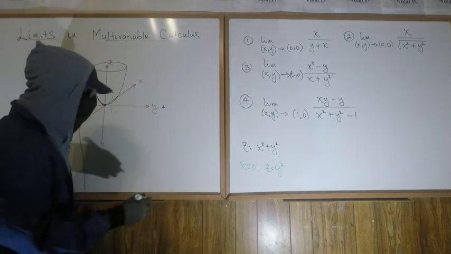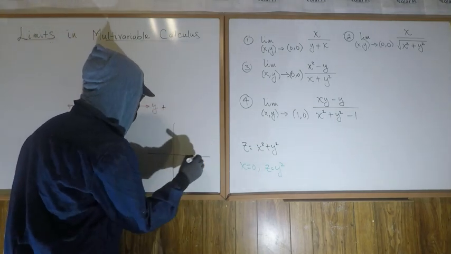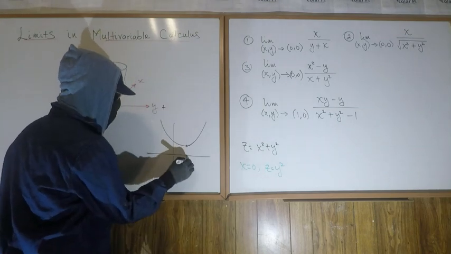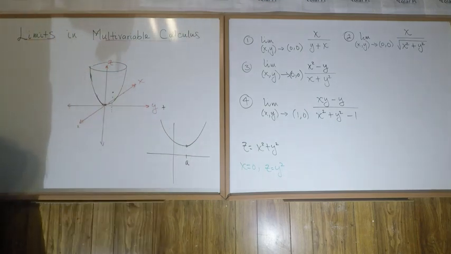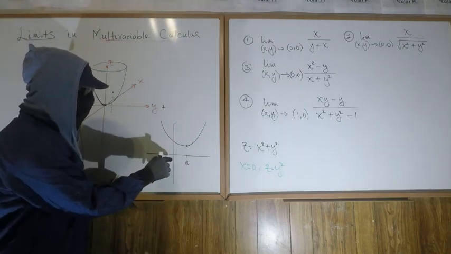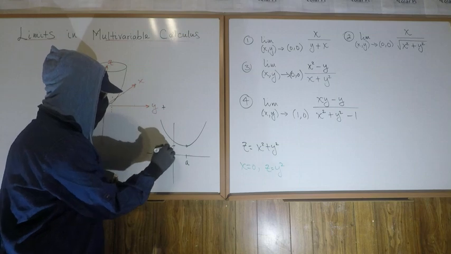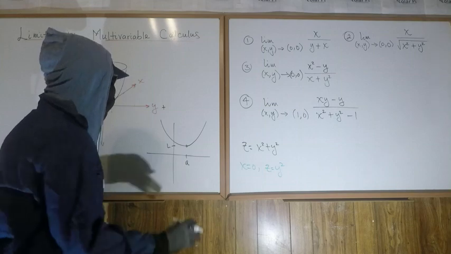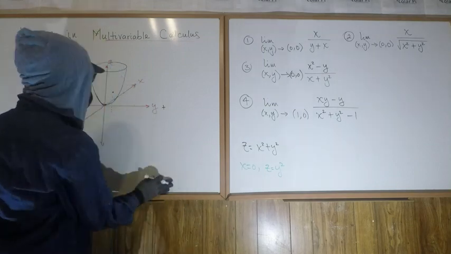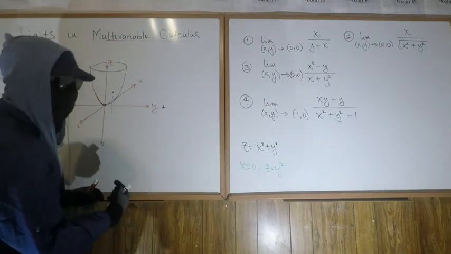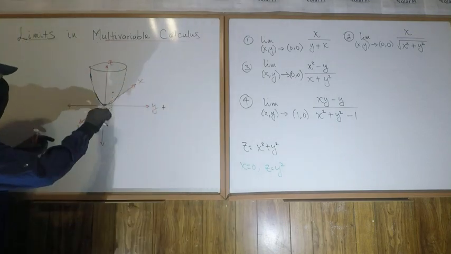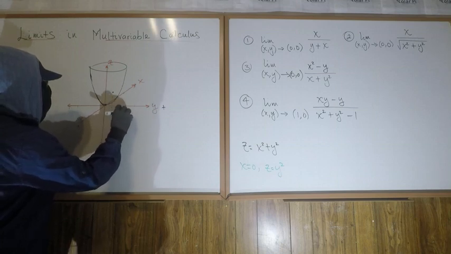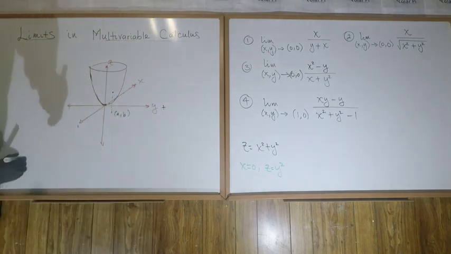Now, remember, in single variable calculus, if you had a single input along the x-axis, then in order for you to say the limit is this y value, let's say L, all you had to worry about is coming to a from the left and coming to a from the right. But wait, we're in 3D and our inputs are from a two-dimensional plane. So if this is the point (a, b), you can approach (a, b) from many different directions.